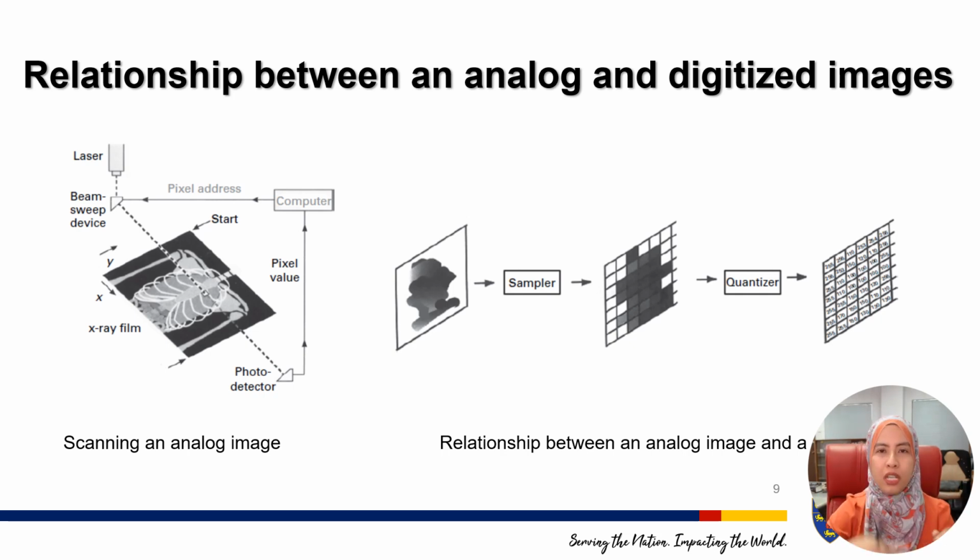So we capture the image, for example, using X-ray, and that analog thing will be quantified in a certain range of the X-ray image size, and we quantize it to become numbers. That number will represent a pixel, what we call a pixel in digital image processing.